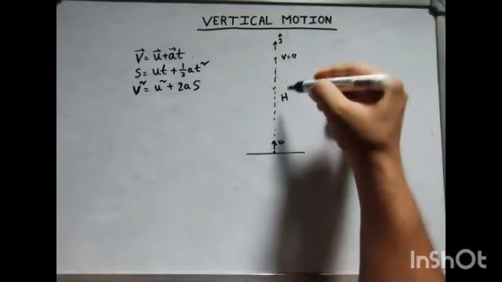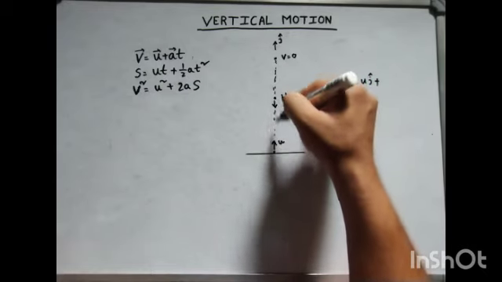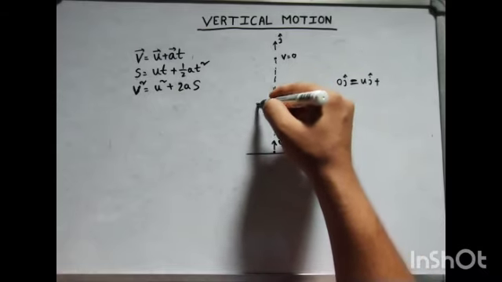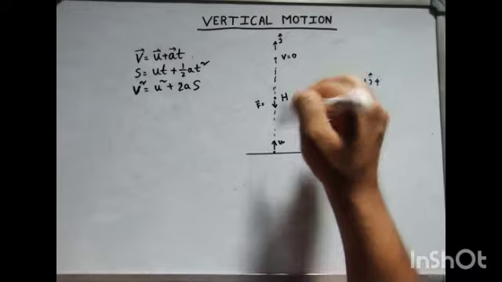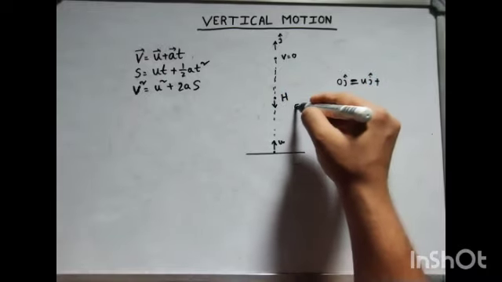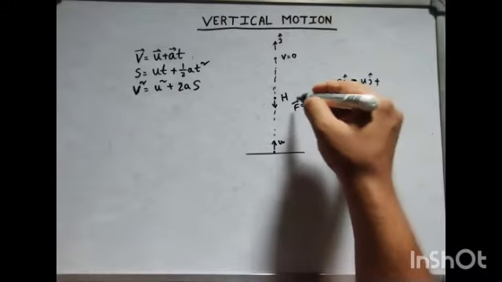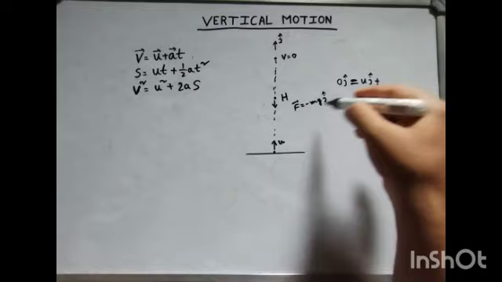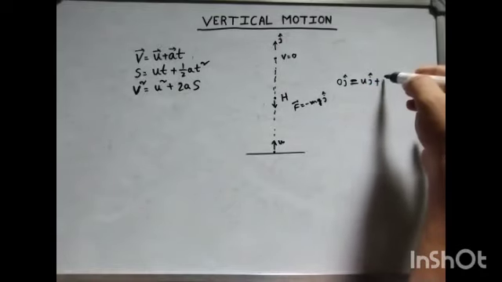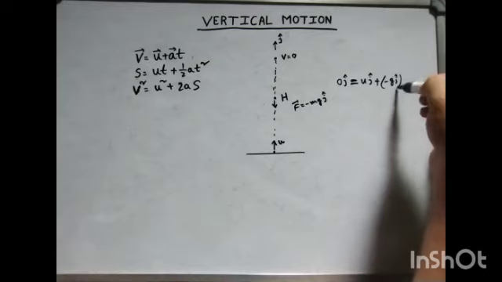The acceleration here, the only force acting on the ball is the gravitational force, and that is downwards, and this force vector equals mg, but this is downward, so minus j cap, and so this will be minus g j cap t.